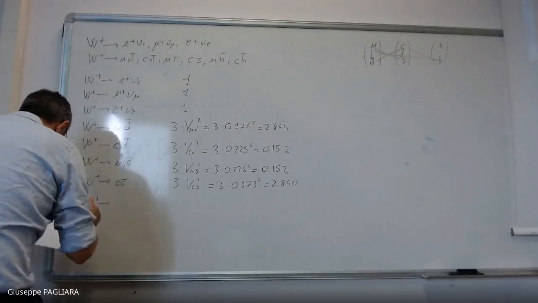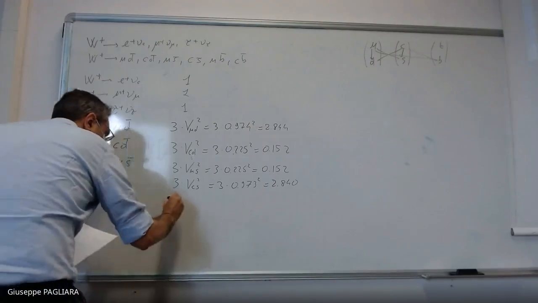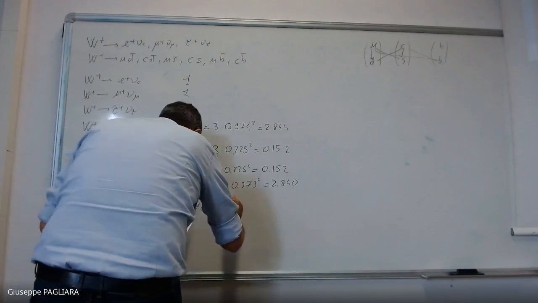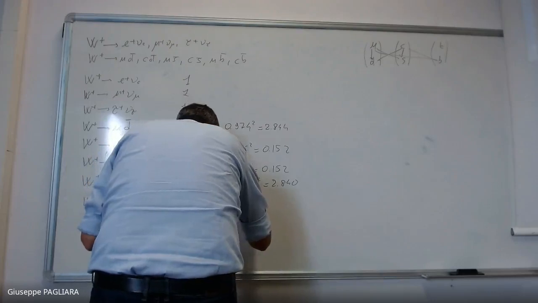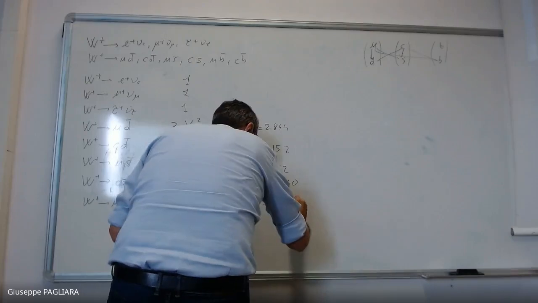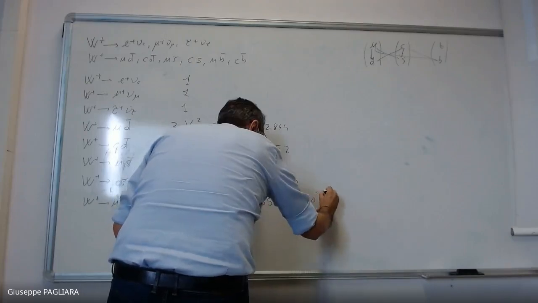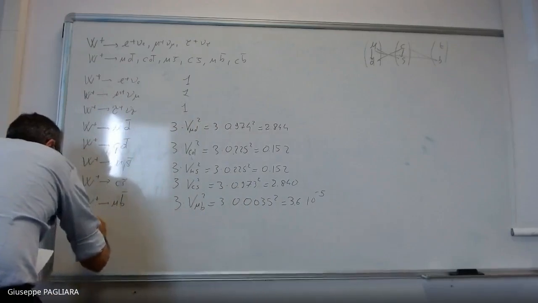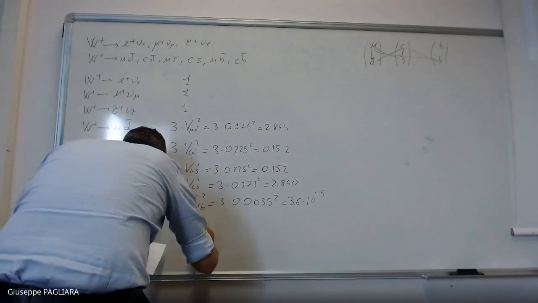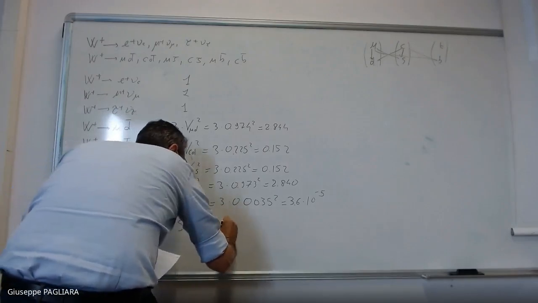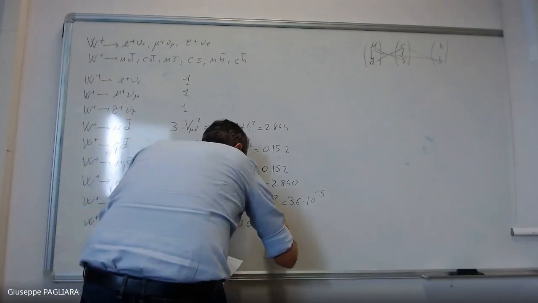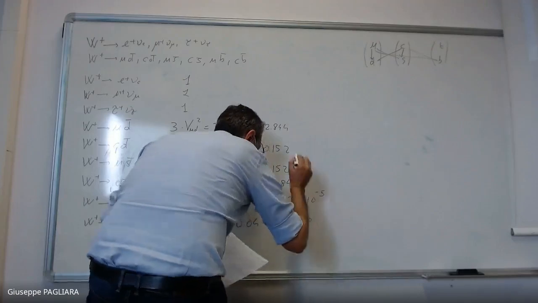And now the u b-bar, so it is 3 times V_ub squared, a very small contribution, of course, 0.0035 squared, that gives us 3.6 times 10 to the minus 5. And the last one is the W plus into c b-bar. So this is 3 times V_cb squared, 0.041 squared. This is 0.048.